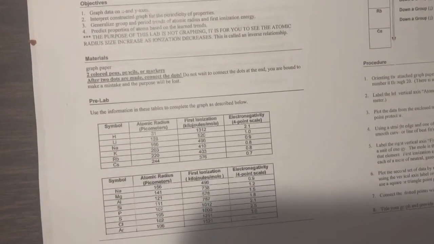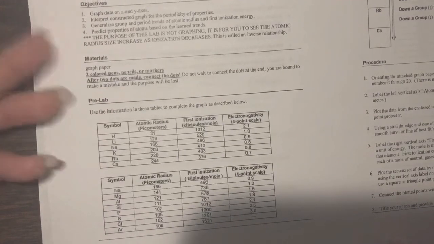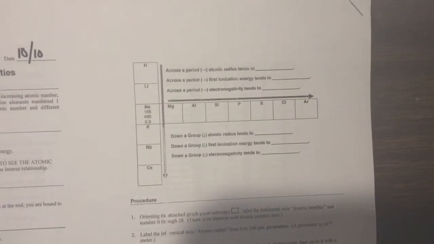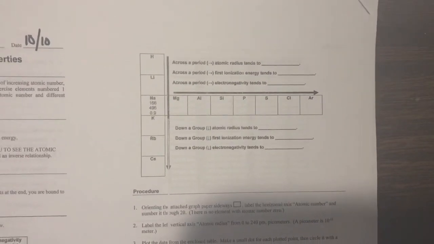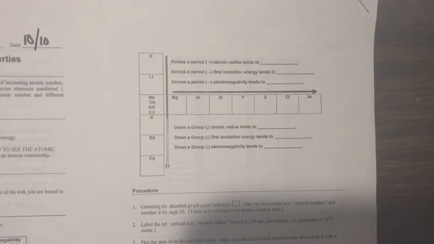So here's the pre-lab. Use the information in these tables to complete the graph as described below. We'll do that, but let's start over here on this side. Across a period, from left to right, what's the trend?